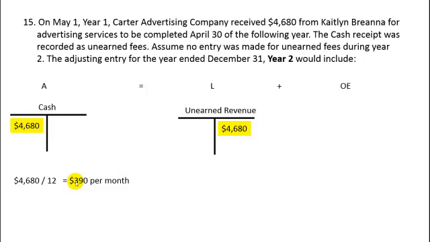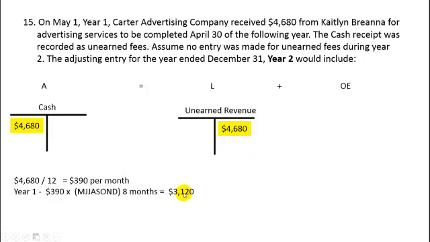So at the end of year 1, here's what we've got. If we took the money in on May the 1st, then we're supposed to make an adjusting entry covering May, June, July, August, September, October, November, December, or 8 months of the current year, year 1, that we have earned. We have earned a total of 8 months times 390 or 3120 of this 4680.